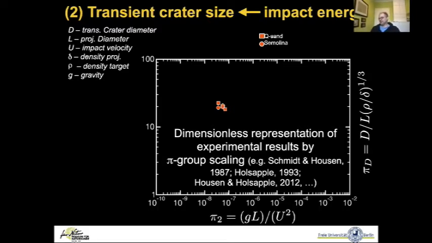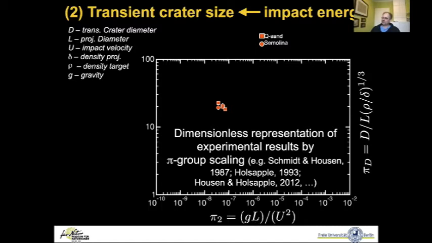So here I show you the results. This is from our experiments here in sand and semolina. They all fall at one dot because it was very difficult in these experiments to vary the parameters. This is the gravity scaled size. So when we have an average velocity and gravity remains the same, this is basically the size of the projectile.